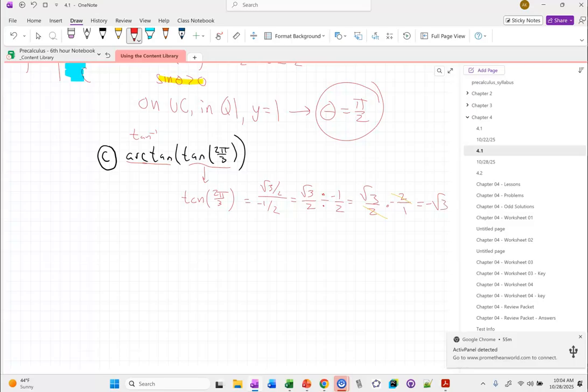And it's going to be negative root 3. Everybody feel okay there? So this guy is negative root 3. So my problem becomes tan inverse of negative root 3. So far, so good. Okay.